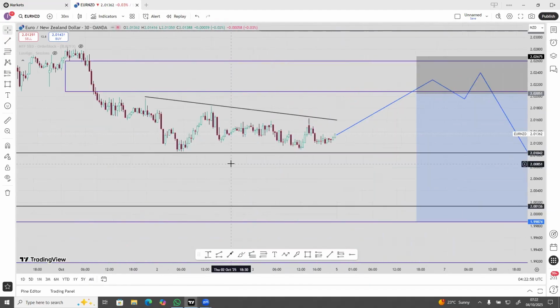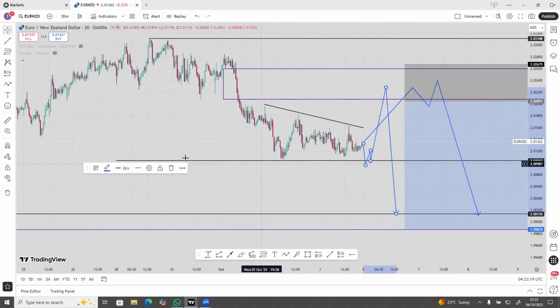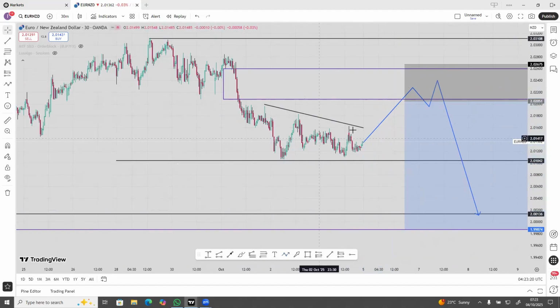Let's see on 30 minutes. On 30 minutes, you can see there's consolidation, so it is a harsh environment. Either you wait for a sweep of that liquidity, and then we can take a buy, and then you can take a short position. That is it for scalpers.